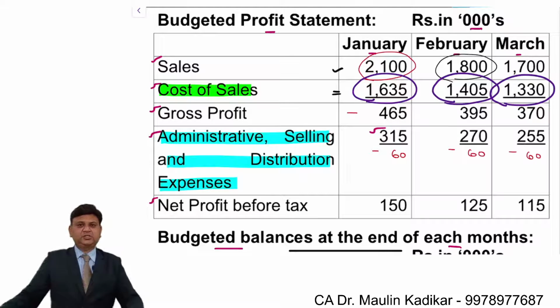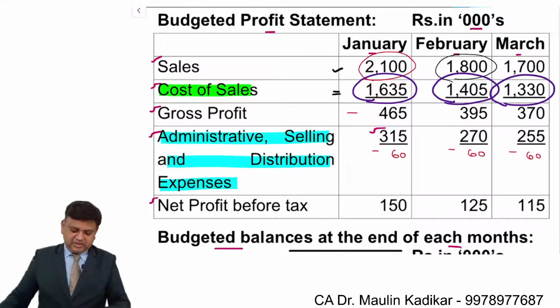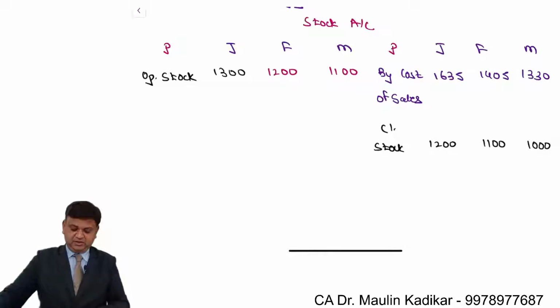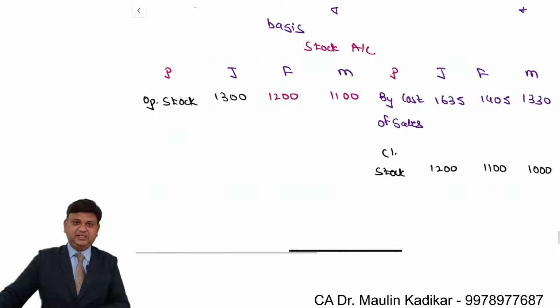Instead of mentioning cost of sales, if you mention sales over there, then on the opposite side you have to mention the gross profit. Either way you can do the answer. I am mentioning cost of sales: for January it is 1635, for February it is 1405 and for March it is 1330, on the credit side.